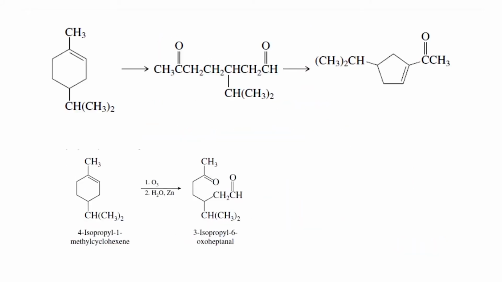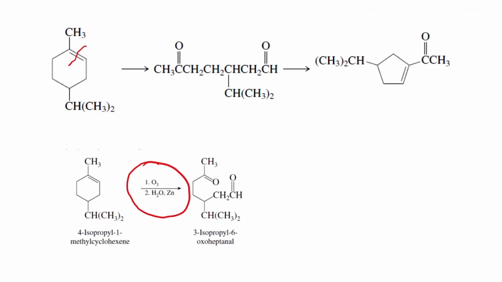So here, you have a cyclohexyl ring compound, and this ring compound is actually opened up, as you can see here. Like we discussed earlier, one of the reactions that you have studied in the past is ozonolysis. You can use ozonolysis to break this carbon-carbon double bond, and that gives you a dicarbonyl compound as shown here.